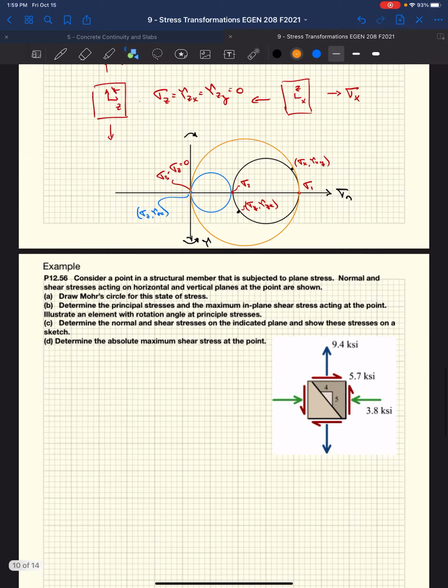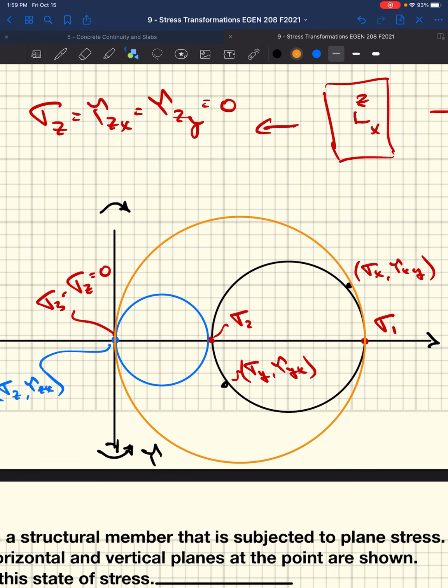Whereas if we have this condition where sigma 1 and sigma 2 are outside of the origin, both in tension or both in compression, that makes our in-plane shear stress, which is right here, tau max in plane, less than our tau max absolute.